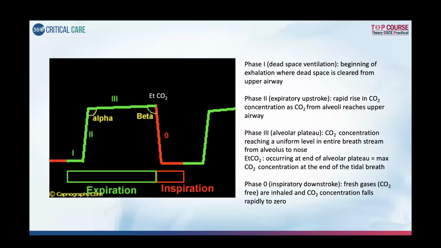The anatomical dead space is the dead space in the conducting airway where there is no gas exchange. The alveolar dead space is from the conducting airway till the alveolus where gas exchange is happening. That part is the alveolar dead space. And if you combine both of those, that accounts for your physiological dead space.